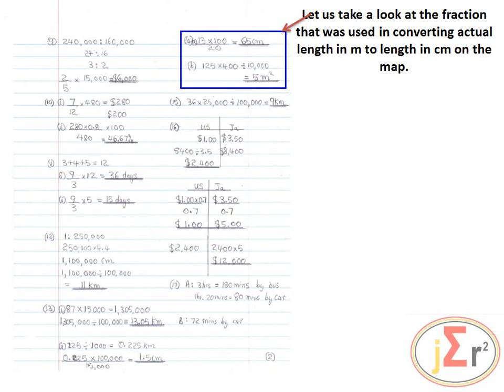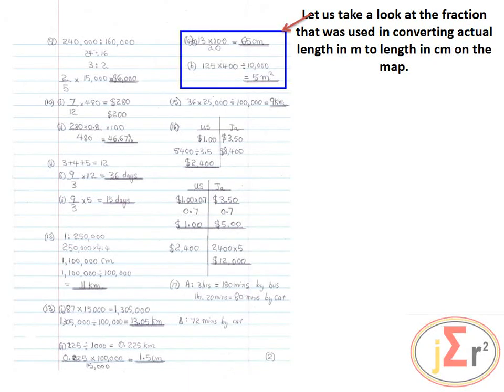Let us take a look at the fraction that we used in converting actual length in meter to length in centimeter on the map. And why are we taking a look at it? We are taking a look at it because we intend to use it in the solution of the other part of the problem.